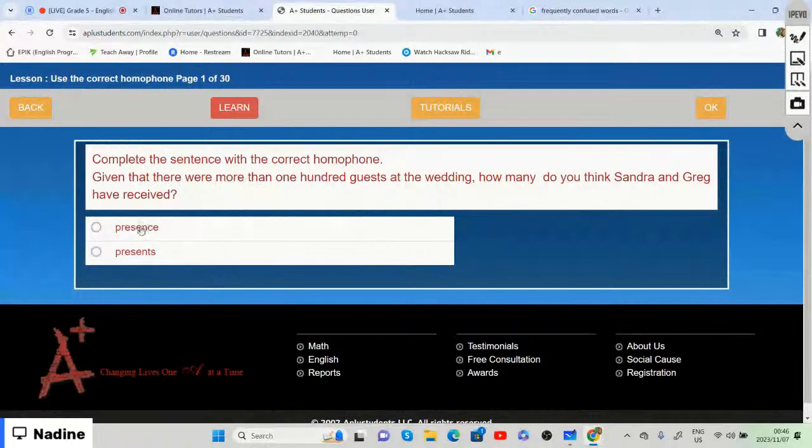Is it the first presents or the second one, presents that is wrapped and basically given as a wedding gift?